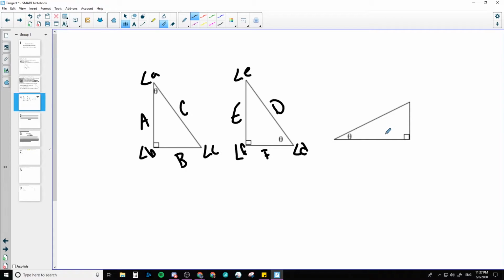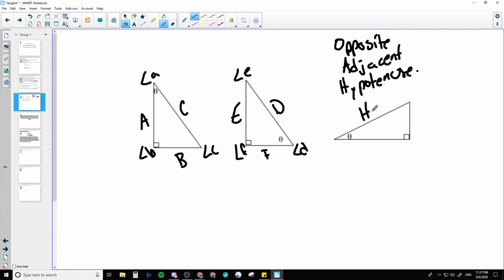When we're talking about those sides of the triangle, remember we talked about opposite and adjacent. And the third one, of course, is the hypotenuse. And we already know that this one is the hypotenuse. If this is our reference angle, this is our opposite side, and this is our adjacent side.